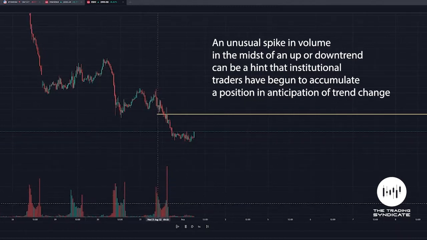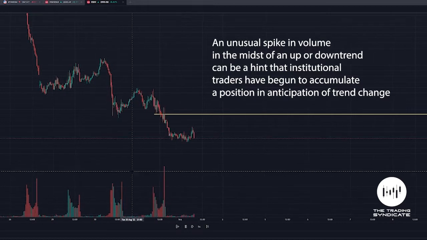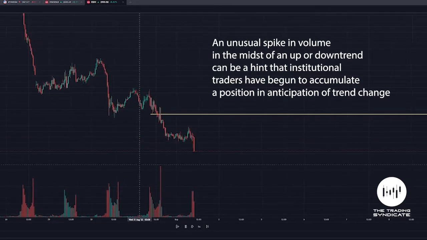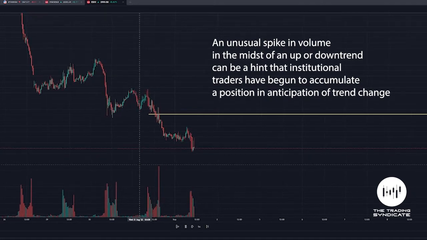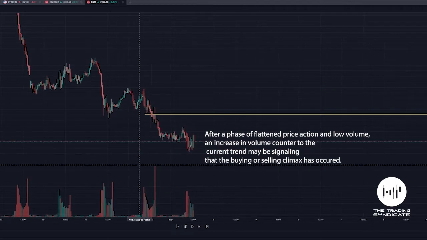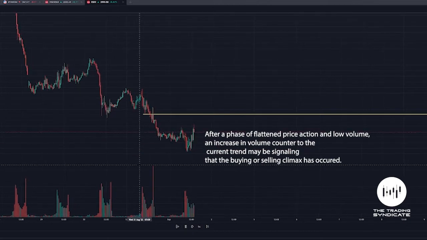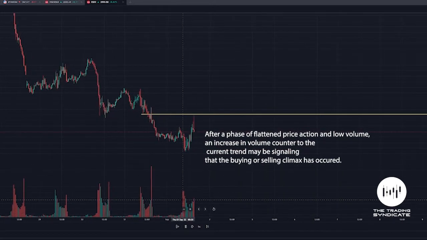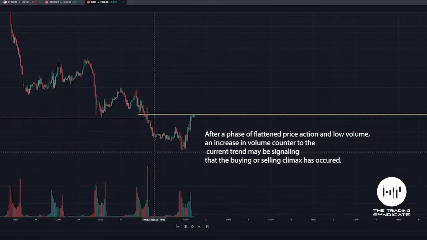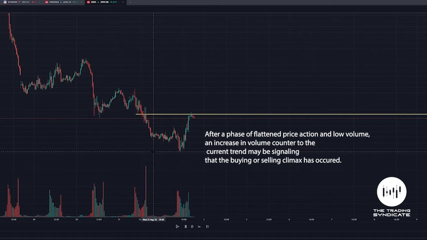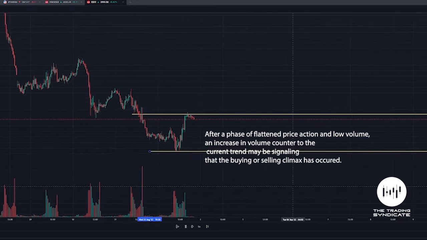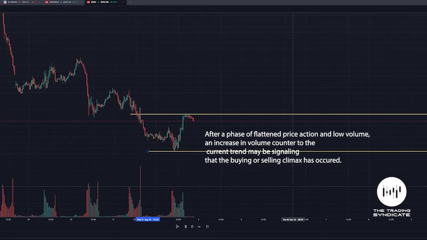We see a lowering of volume, and a spike in volume here, which we'll make note of in case it ends up becoming the selling climax.